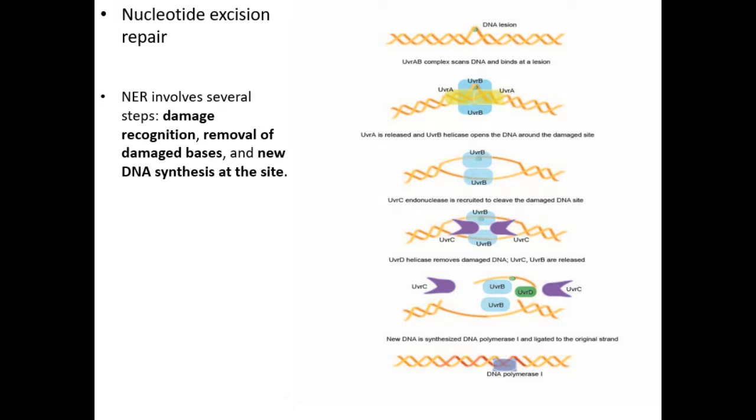Basically in E. coli, normally the UvrA dimer recognizes the DNA damage and binds to the damaged site with UvrB, in an ATP dependent manner.